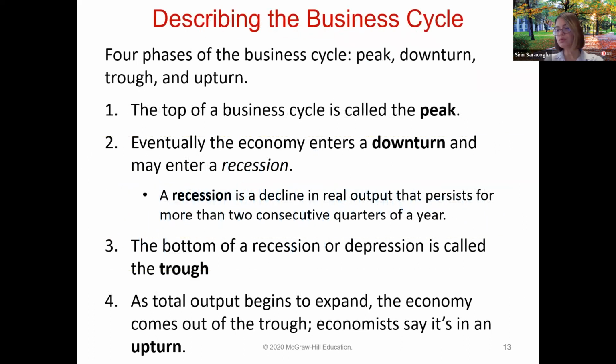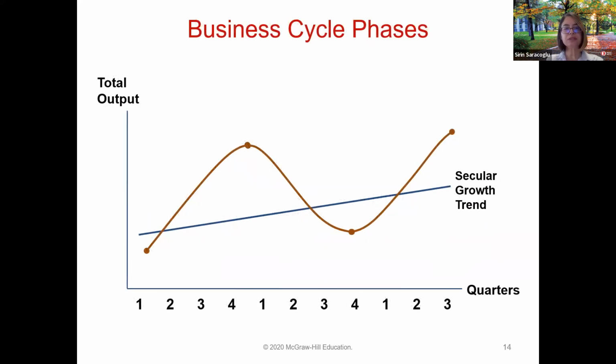Now, of course, first we need to understand what a business cycle is. The business cycle has several important points. One is the peak. As you see, the peak is the top point of a business cycle, and we reach the peak after an expansion.